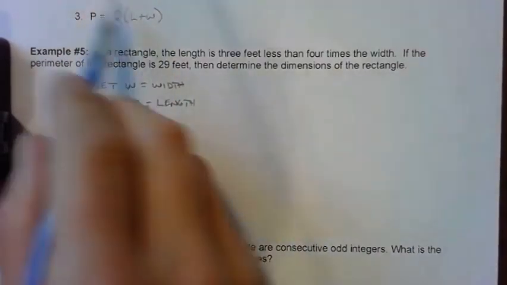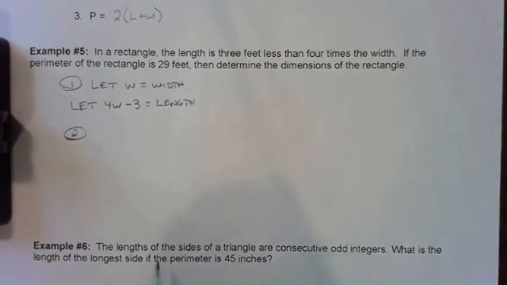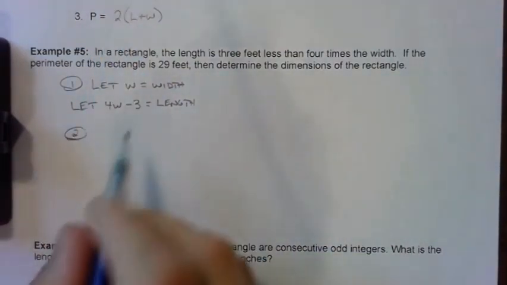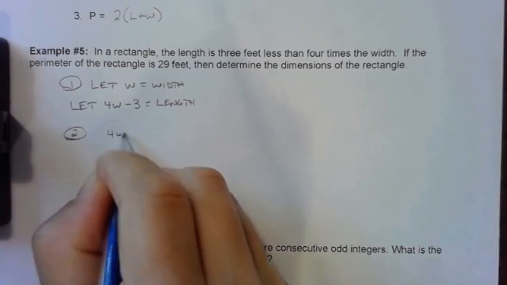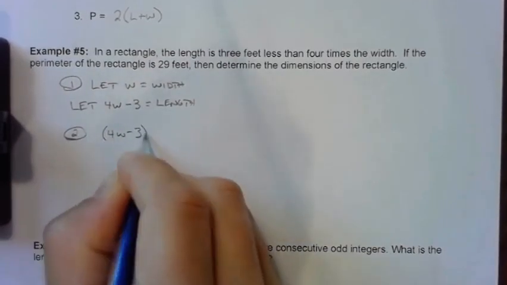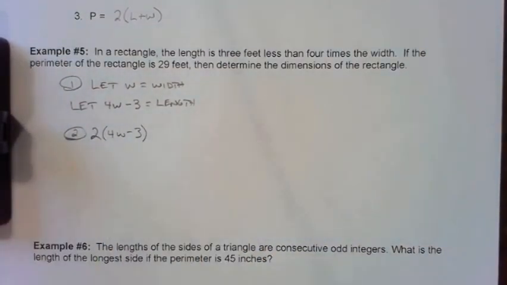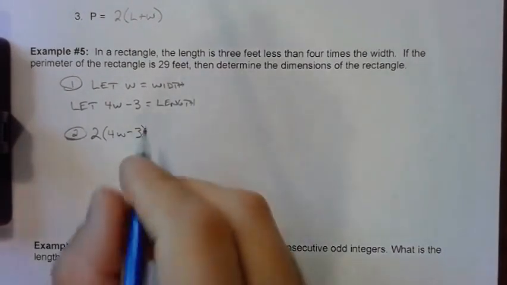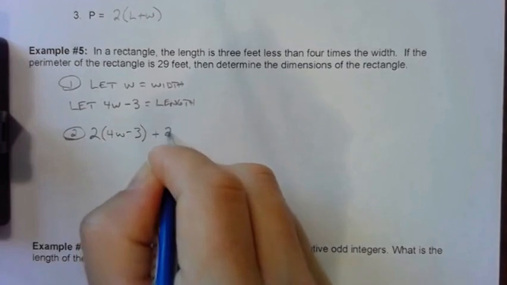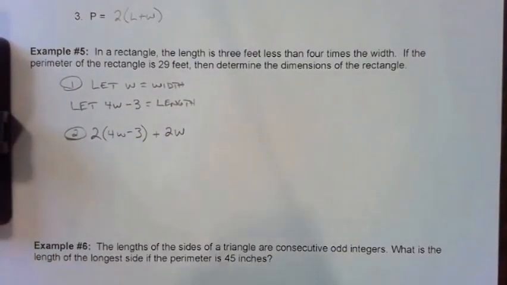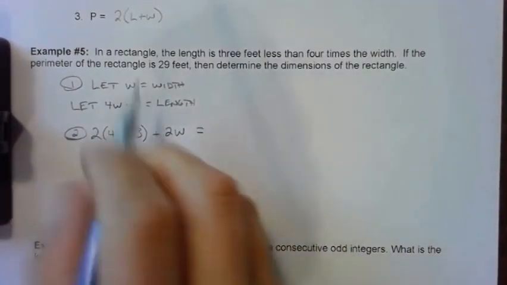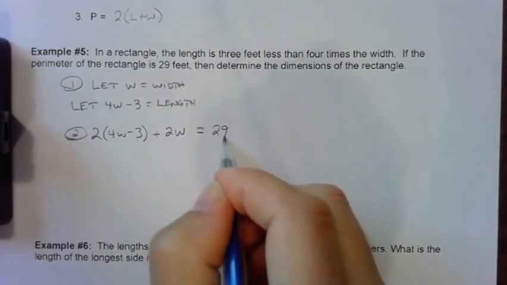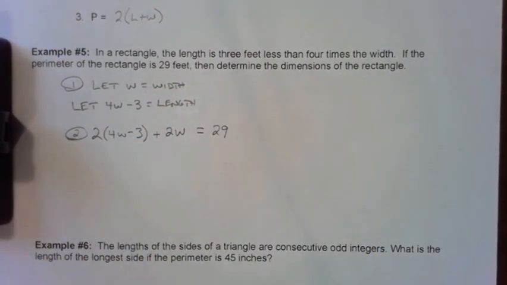I'm going to say 2 times the length. The length is 4W minus 3, and I need 2 times that entire expression. So 2 times (4W minus 3), that's 2 times the length, plus 2 times the width, which I'm just calling W, equals the perimeter they told us was 29 feet. There's our algebraic equation that we can use.